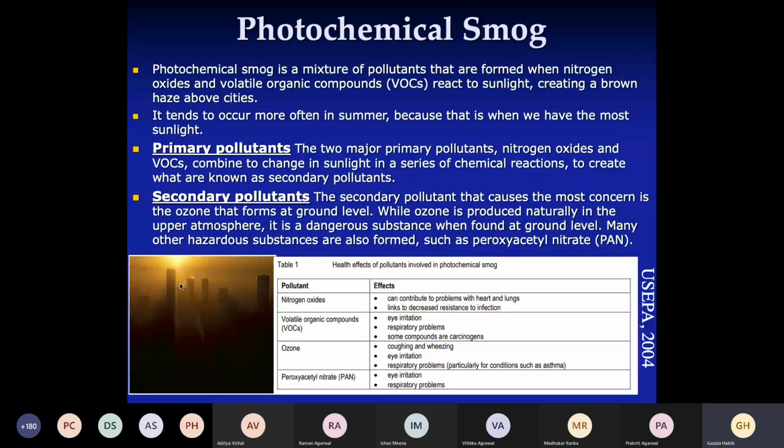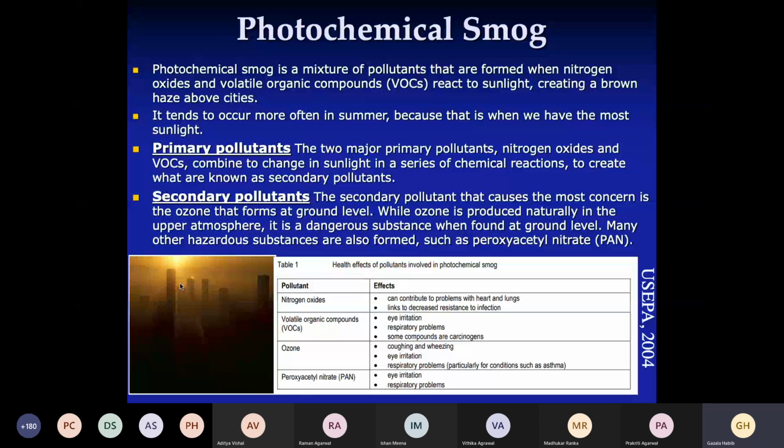That means the VOC emitted from any combustion source gets extra oxygen during the oxygenation reaction, and these oxygenated VOCs are very reactive and they react with NOx, NO2 or NO, whatever.